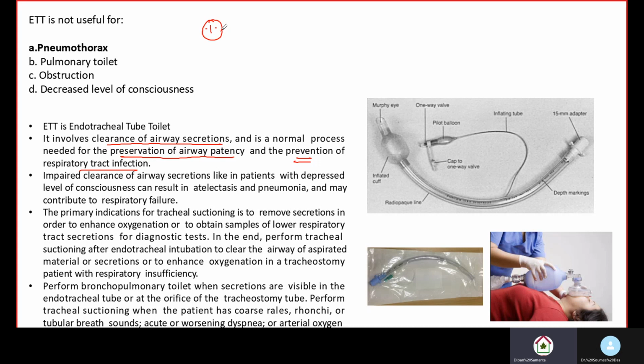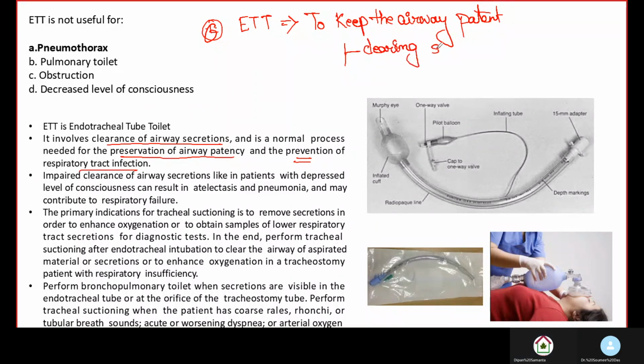Main application: ETT is mainly used to keep the airway patent, maybe by clearing the secretion, and also by preventing respiratory tract infection, RTI.